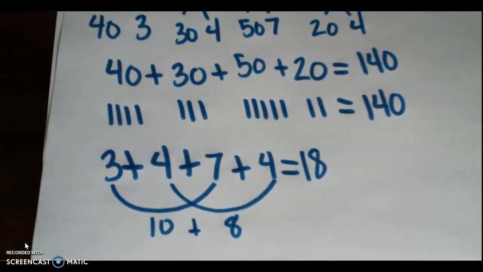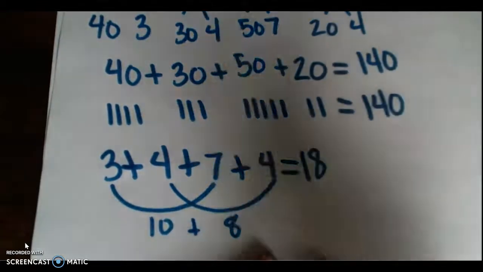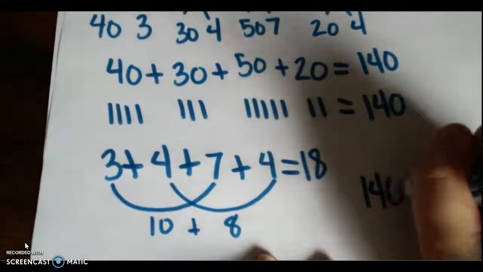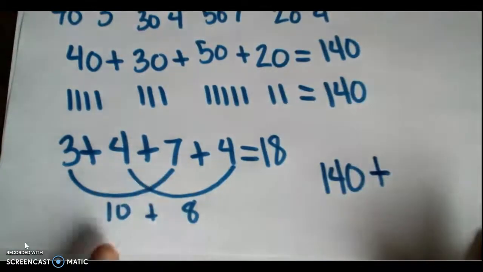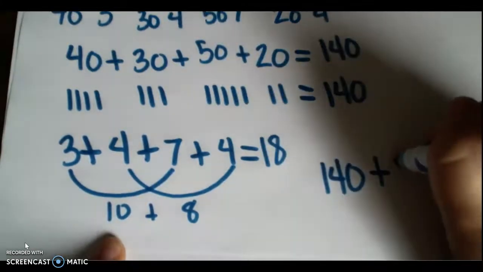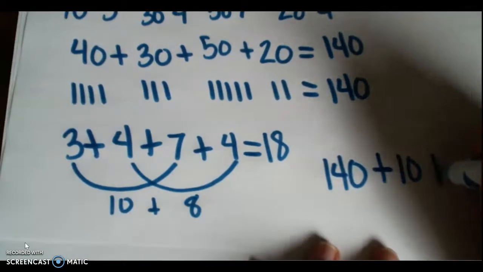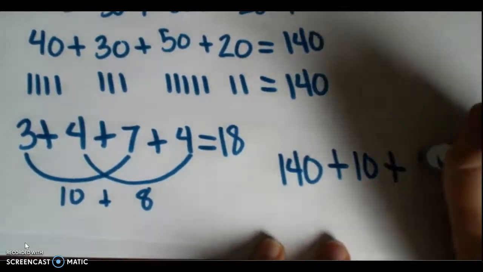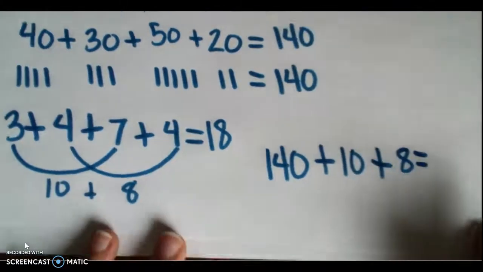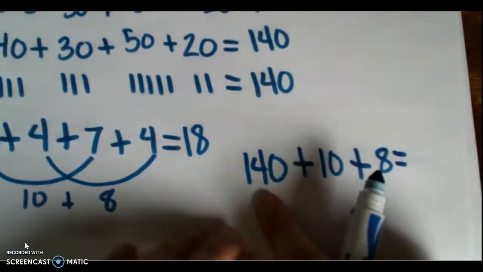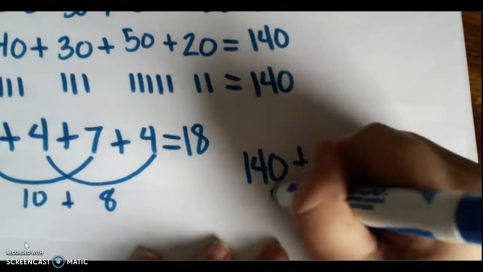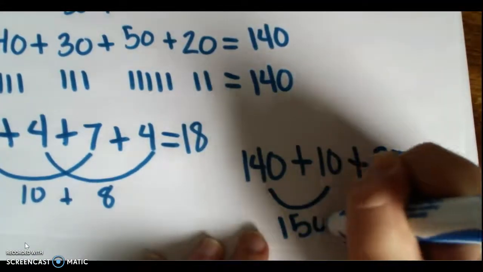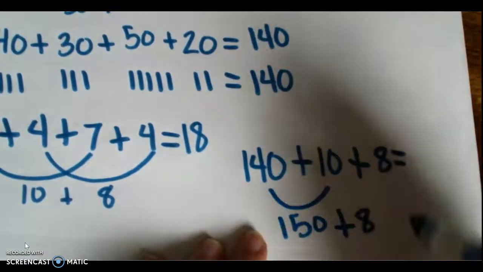So now I can add again. My 140 plus one more 10 plus 8 ones. So I know that 140 plus 10 more is 150, plus 8 ones.